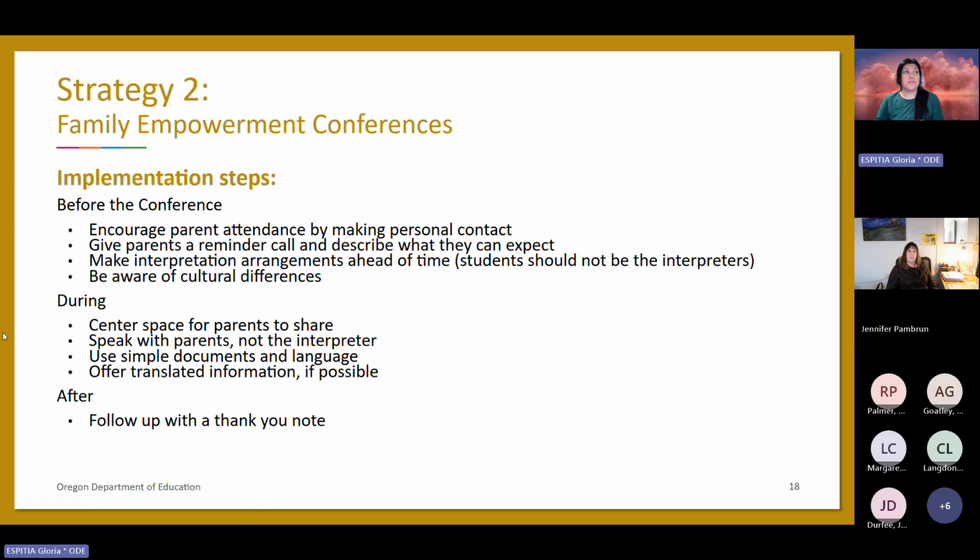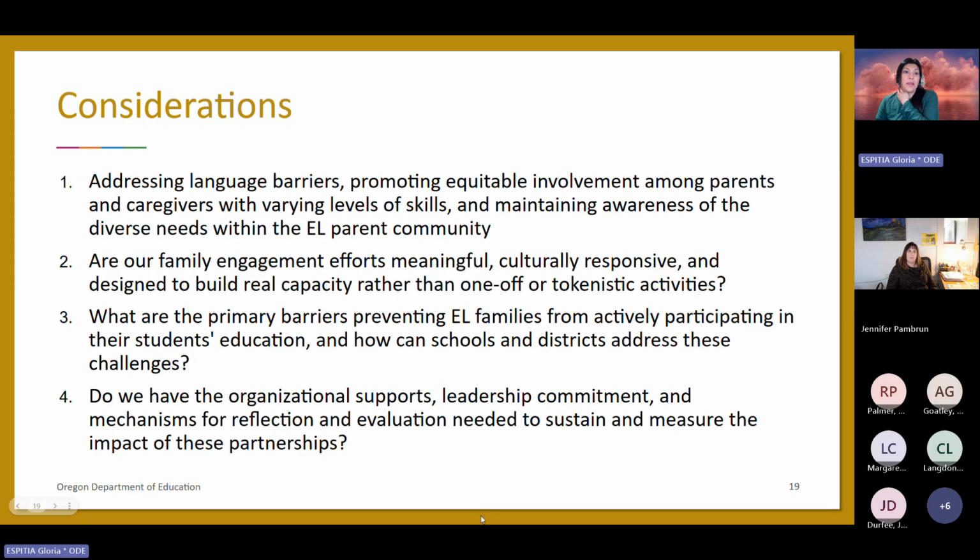I'm going to move us along for time. Some considerations when we're talking about family involvement strategies, culturally responsive involvement: we need to ensure that we're moving slowly to have the highest likelihood of success for our outcomes.